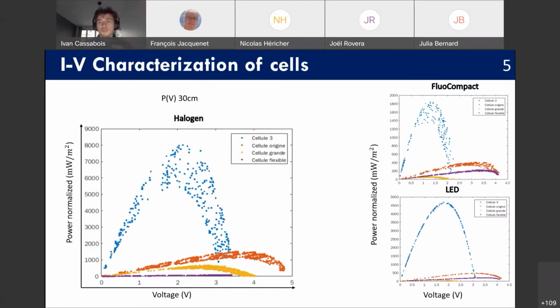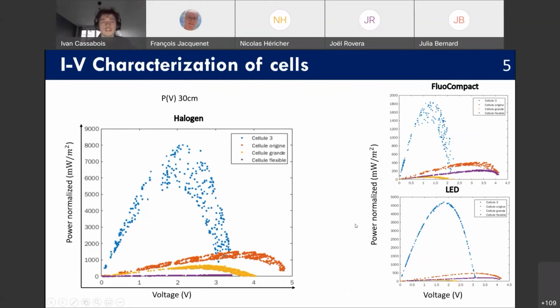In order to have the power produced by the cells, we have to multiply the intensity by the voltage of the IV characterization. And we have this type of graph, such as with the halogen: power emitted by the cell 3, and we have different other powers.